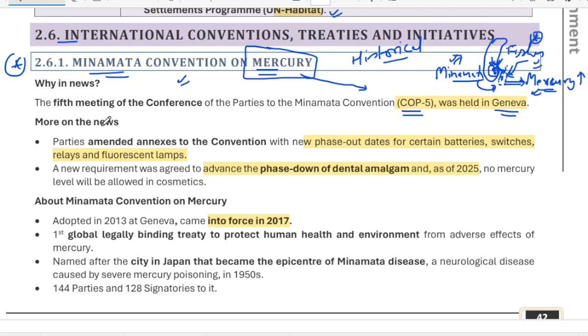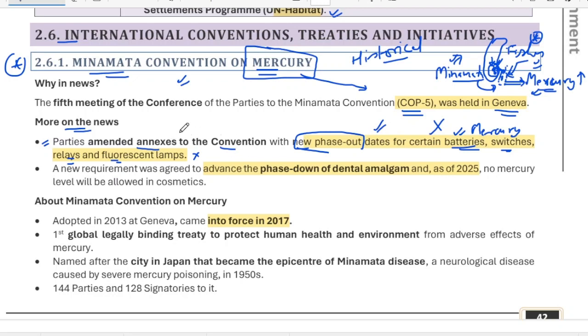Now, more about this news. The parties have amended the annexes to the convention, and new phase-out dates have been announced for certain batteries, switches and relays, etc. These details are not very important, but you must remember that certain batteries and switches which used mercury have to be phased out.